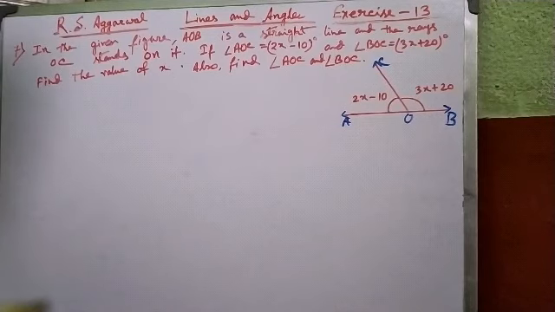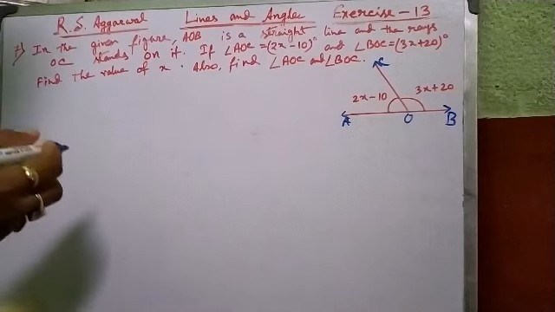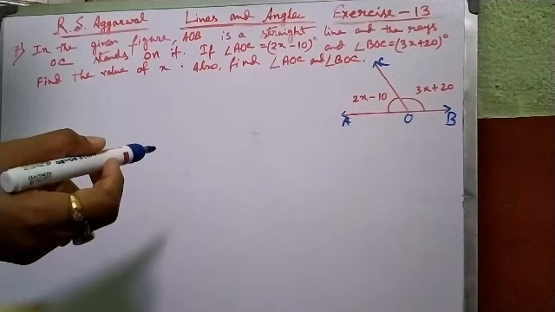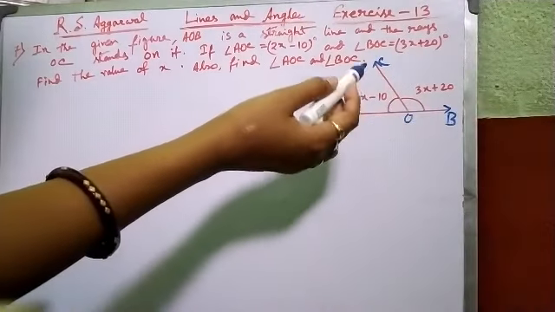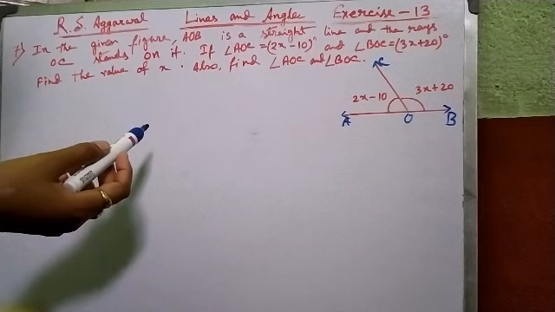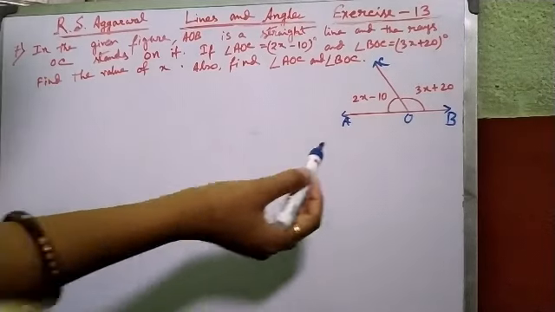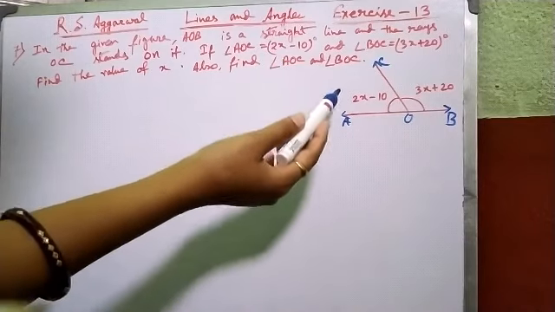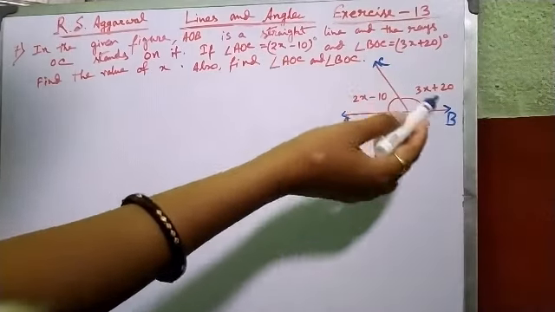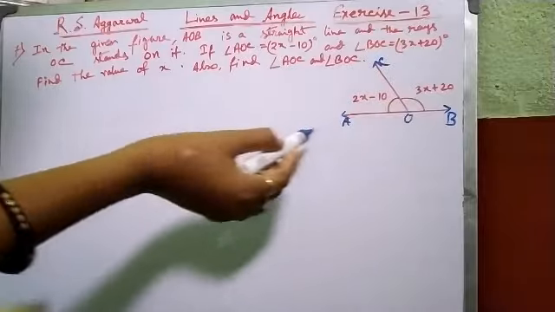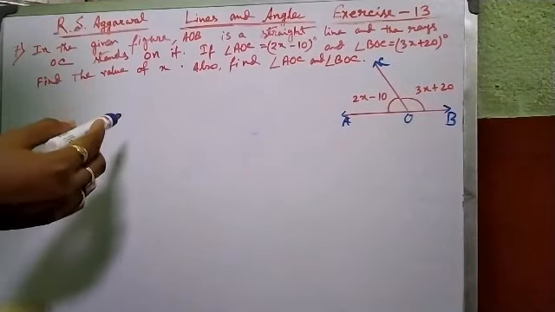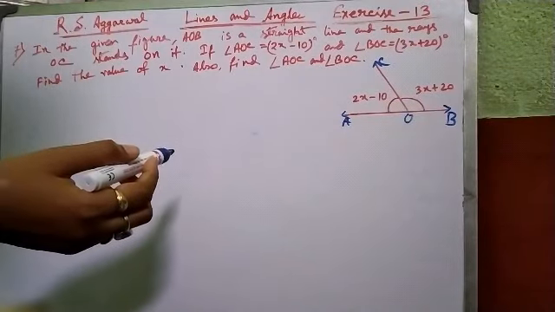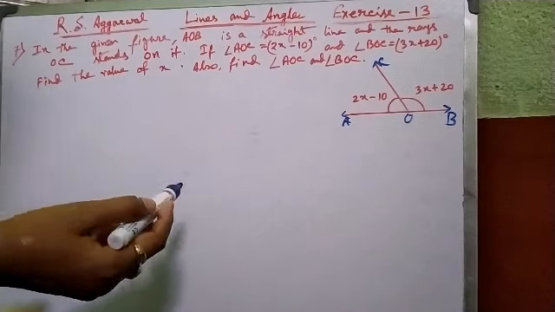Let's discuss question number 7. In the given figure, AOB is a straight line. This is AOB and the ray OC stands on it. If angle AOC is 2x minus 10 degree and angle BOC is 3x plus 20 degree, find the value of x. Also find angle AOC and angle BOC.